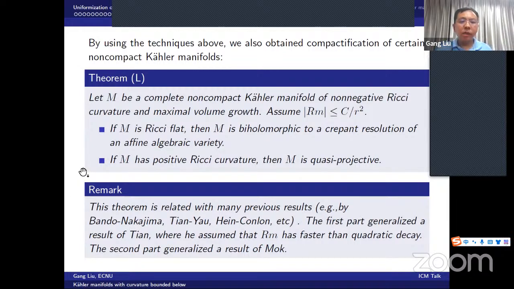If it has positive Ricci curvature, then it is quasi-projective. This theorem is related with many previous results. For example, Bando, Kasue, Nakajima, Tian, Yau, Hein, Collins, etc. The first part generalized a result of Tian, who assumed that the curvature has faster than quadratic decay. And the second part generalized a result of Mok.